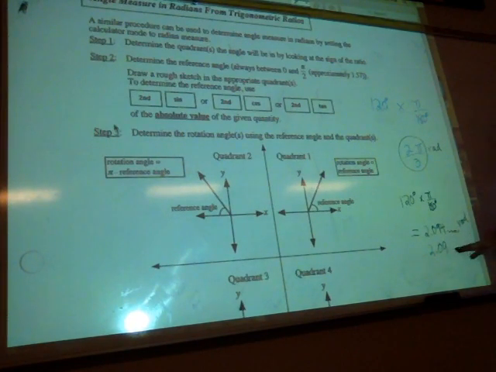So what if you did calculate this value, and then I said take this value and put it in terms of pi? What would you have to do to the 2.094? Any guesses? If not, I'll just tell you, we divide it by pi.